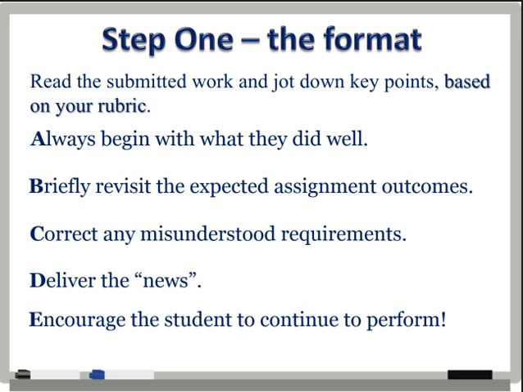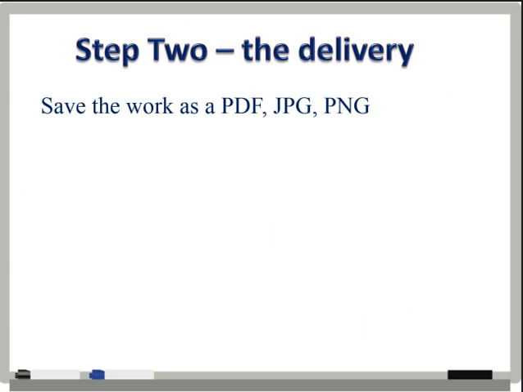One of the things with MoveNote is, in order to get the assignment into a format that you can use with MoveNote, there is one extra step: you have to save the assignment as either a PDF or a JPEG, or as a PowerPoint presentation or something along those lines.